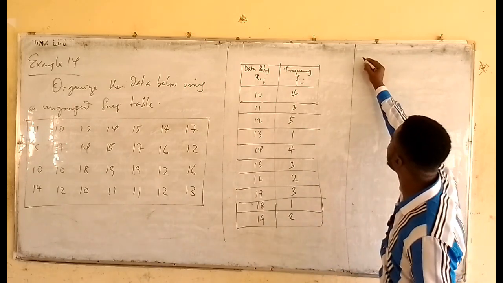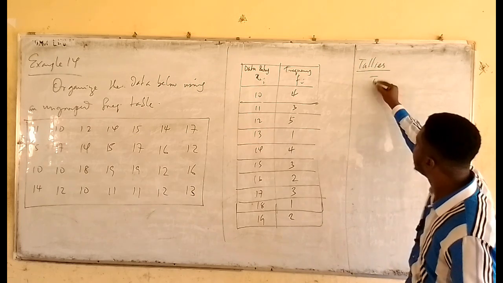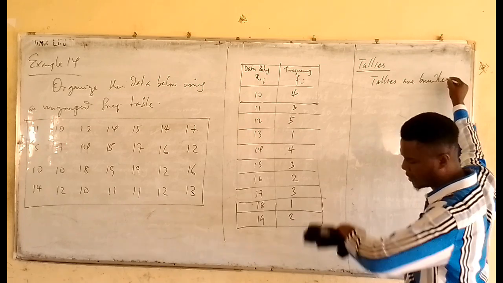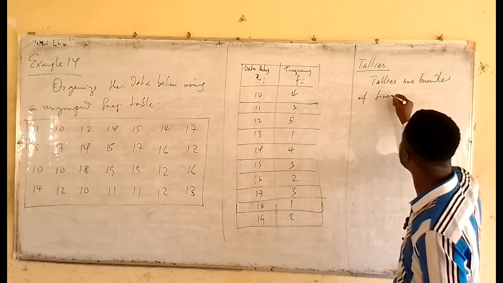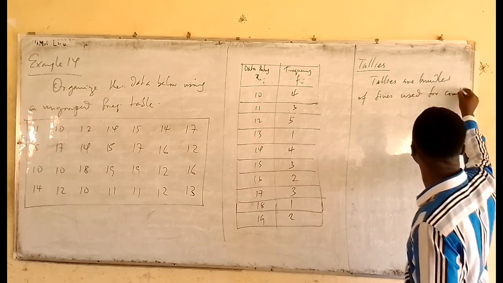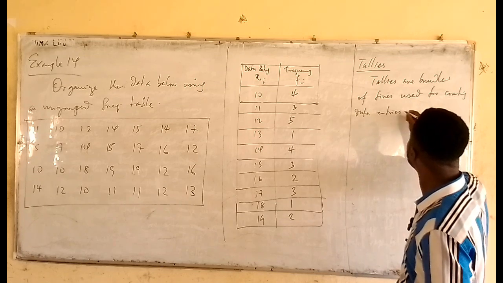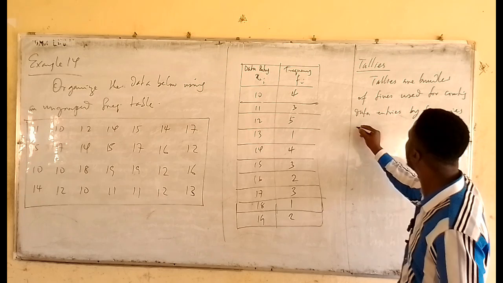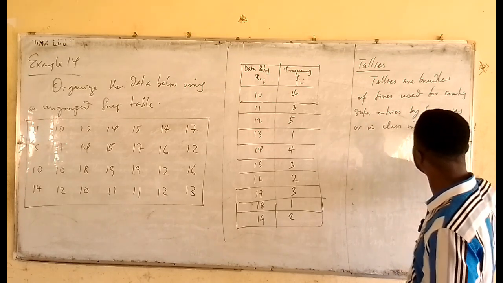So, we are going to put here tallies. Tallies are bundles of 5s used for counting data entries by frequencies or into class intervals.